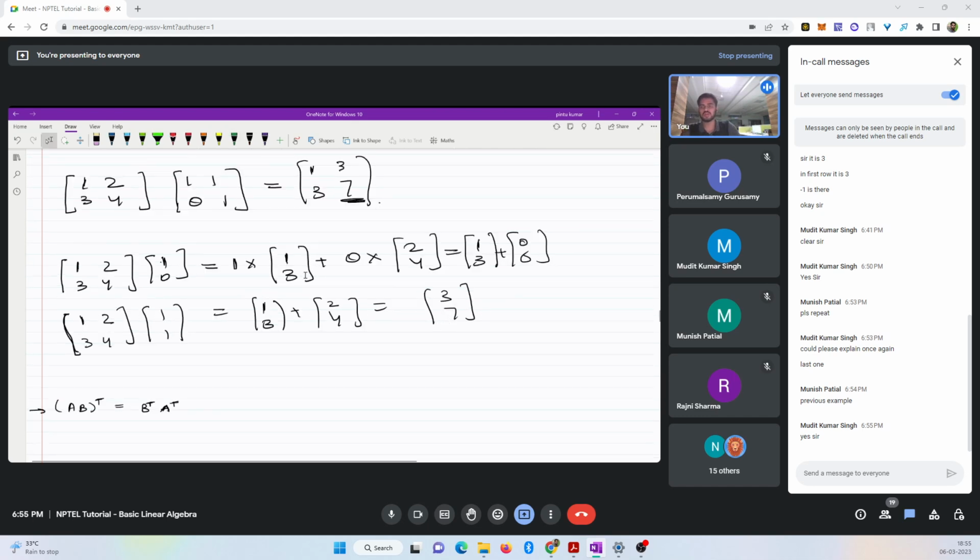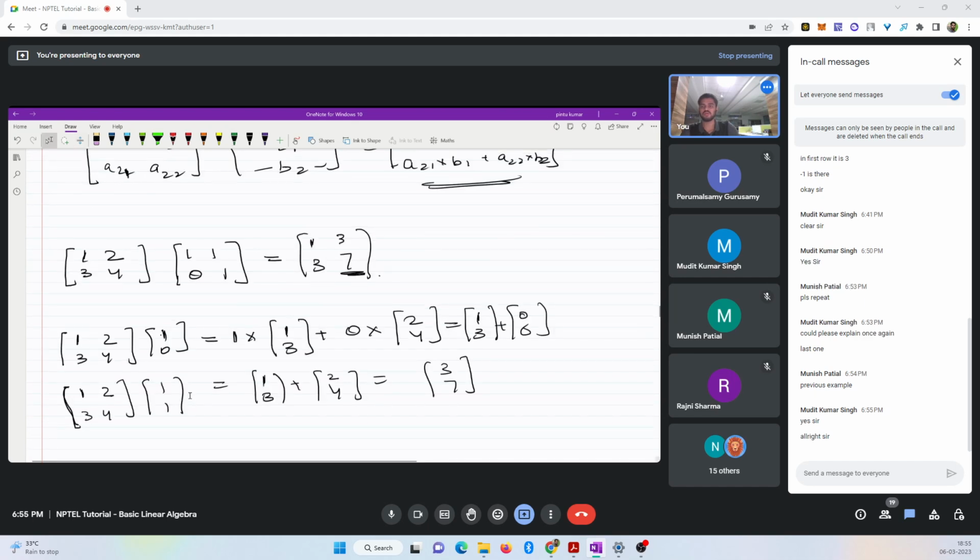Now if we go to the row version, we do the same multiplication in row form.